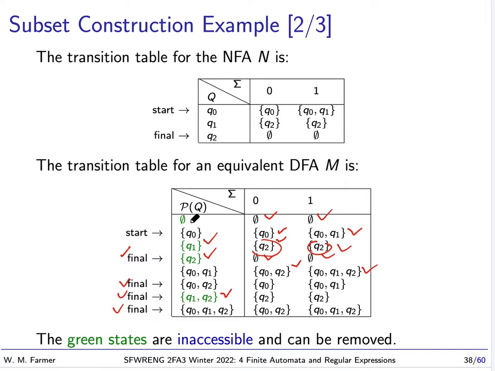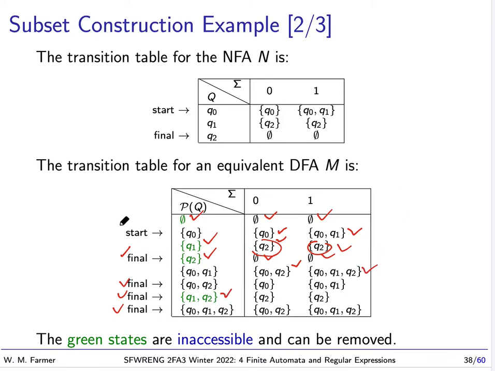And there's no way we can get to the empty state, because the empty state only appears here, and in order to get to here, we have to get to the empty state, and there's no way to get to the empty state. So these states are not accessible, and we could just drop those out of our DFA. We don't have to include them because they're not accessible.